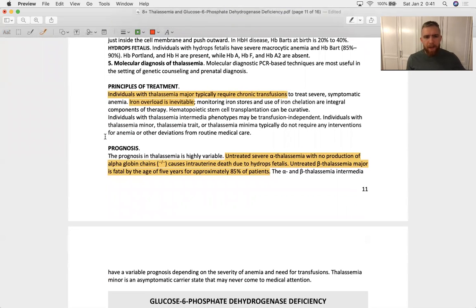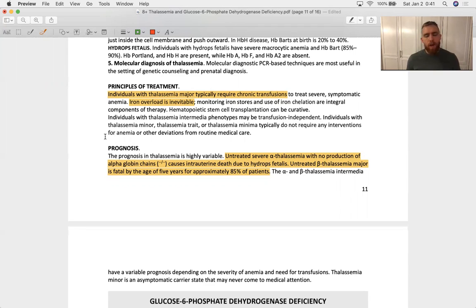Now, wrapping it up, talking about treatment, chronic transfusions for patients with severe alpha or beta thalassemias. And with those transfusions comes an increased risk of transmissible infections such as Hep C, HIV.